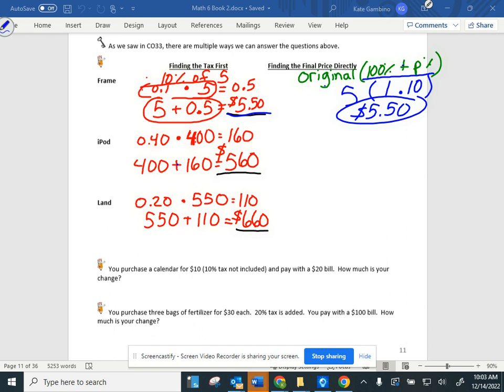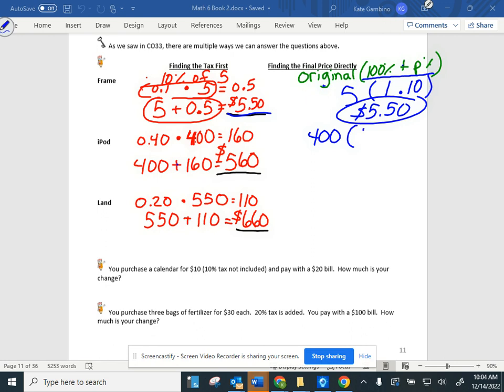I got a question. Yes. If we did that to like the 560, we just do 5 and then what would we do for the next one? Well, we're going to set it up the same way. What's my original price? The original price of the iPod is $400. And I'm going to multiply that by 100% plus the percentage.